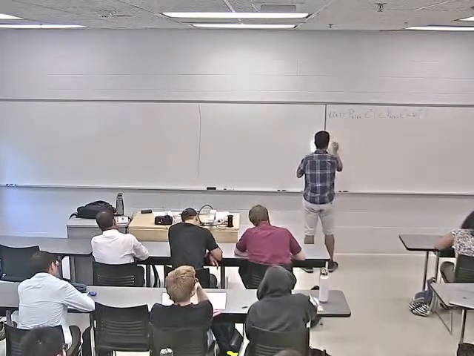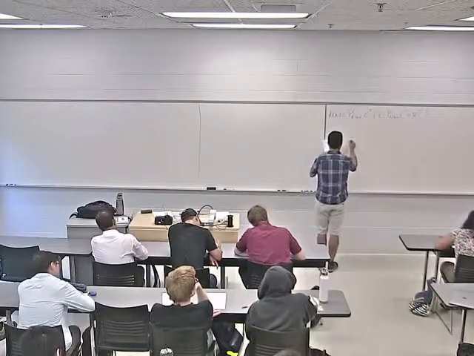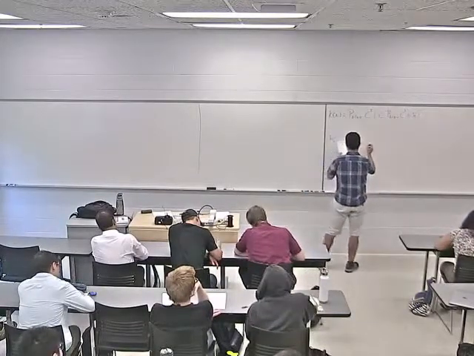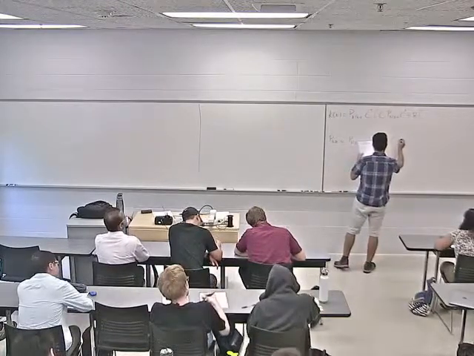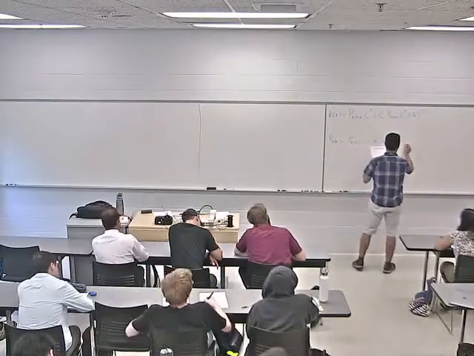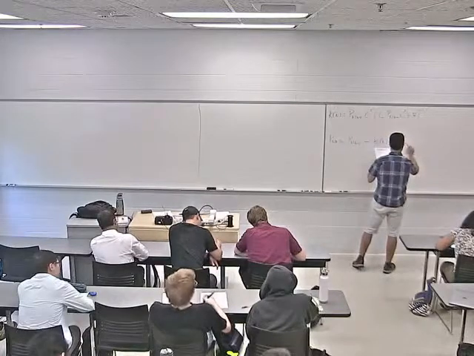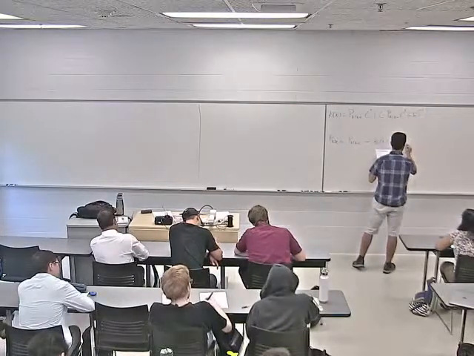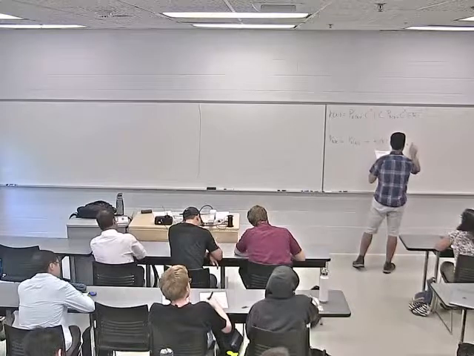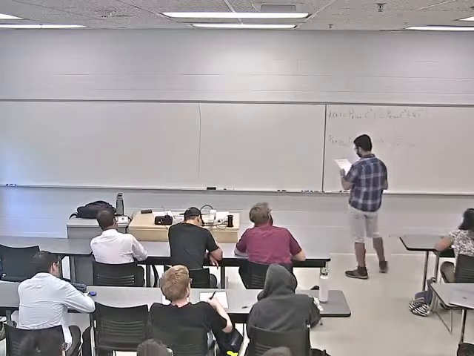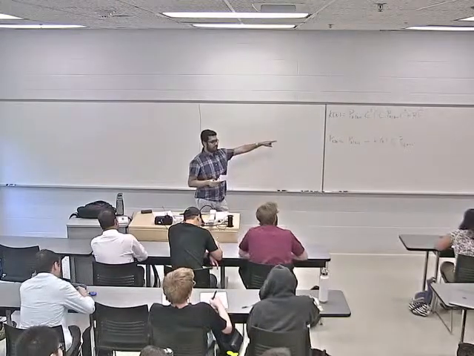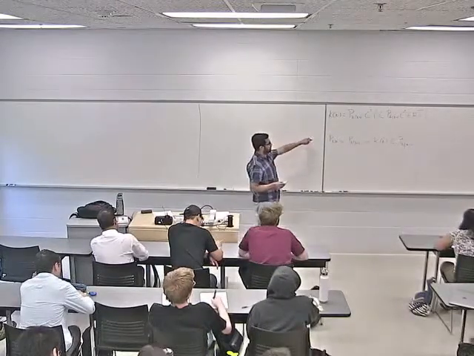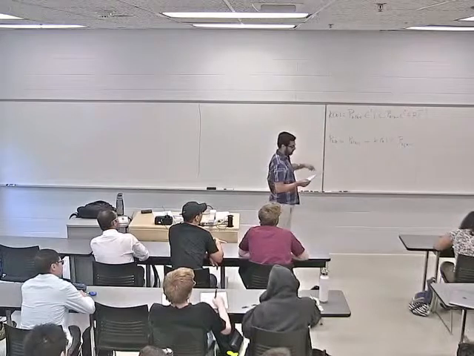And P of k|k is P of k|k-1 minus K of k C P of k|k-1. These are the two equations that we obtained using the two-step Kalman filter.